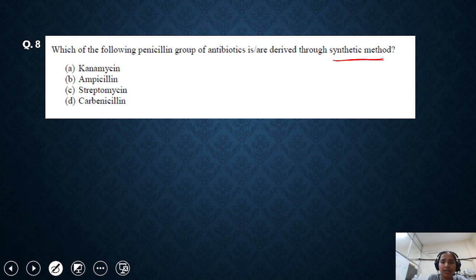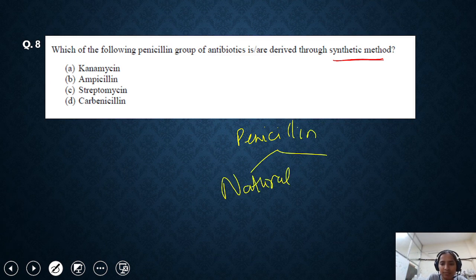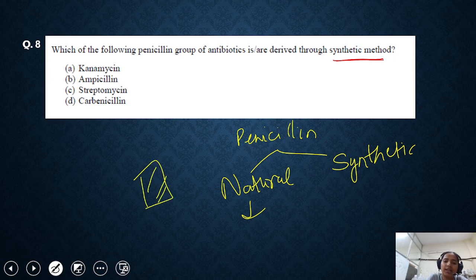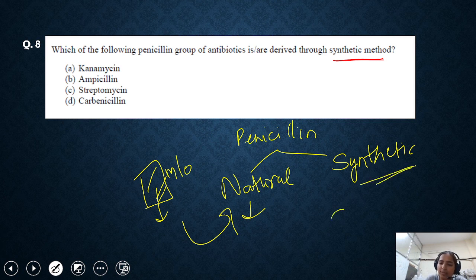Actually, when you use a fermentation process and the penicillin is produced directly using the microorganism, it is called natural penicillin.